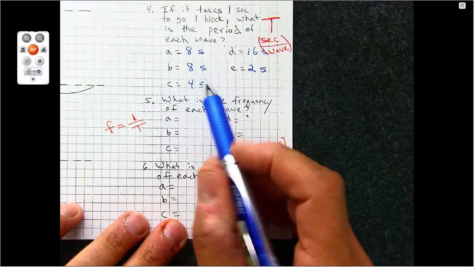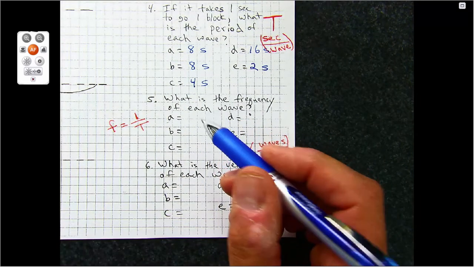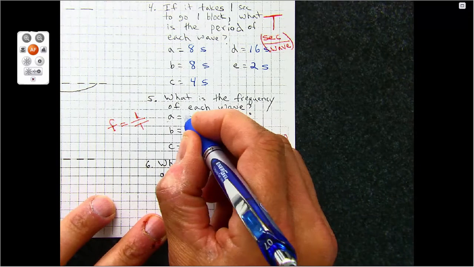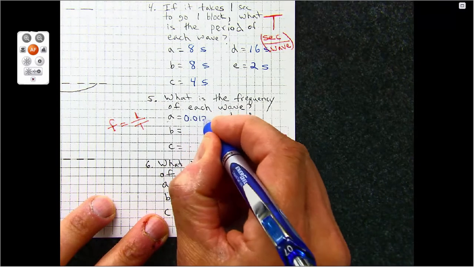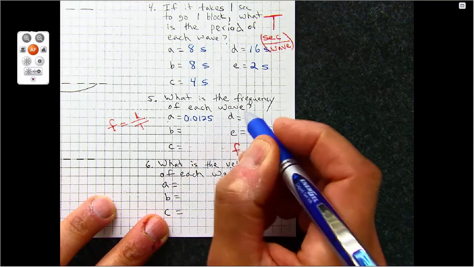If we take 1 divided by 8, we are going to have 0.0125 hertz.